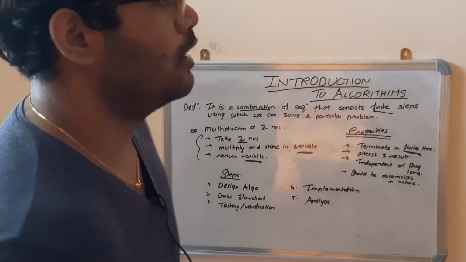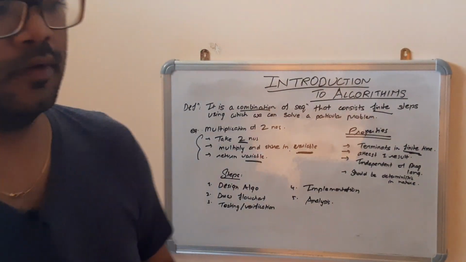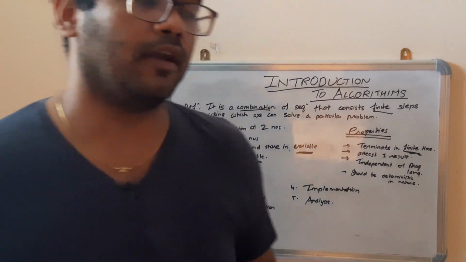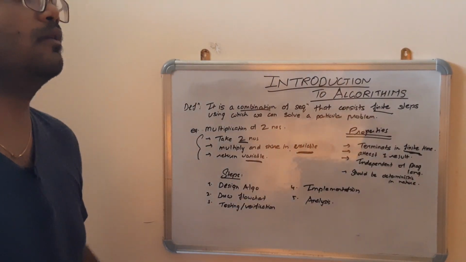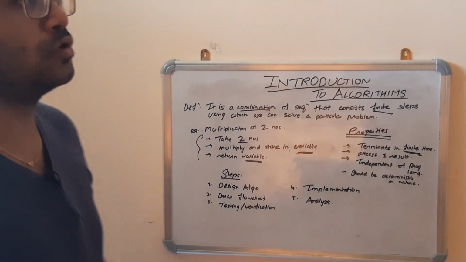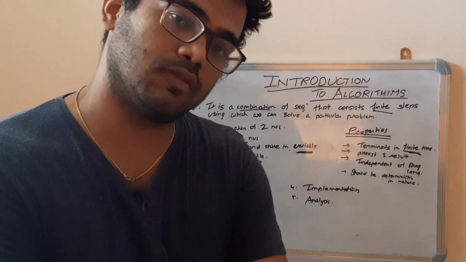Now, in computer science, we have many problems that could possibly have multiple solutions. Or even if we don't have multiple solutions, there is a problem that has a solution in the form of multiple values, right?